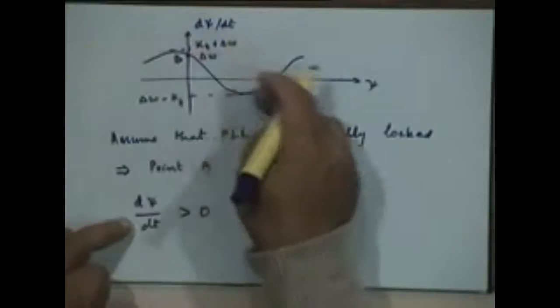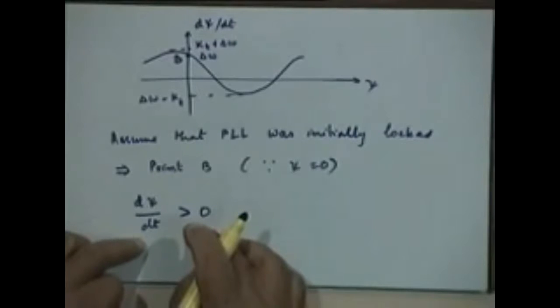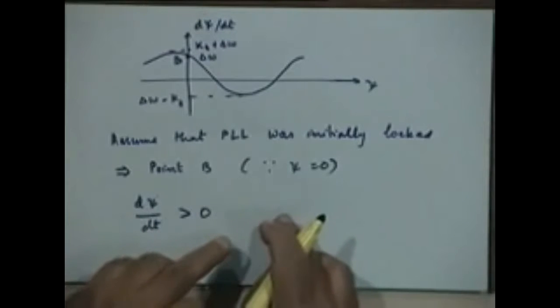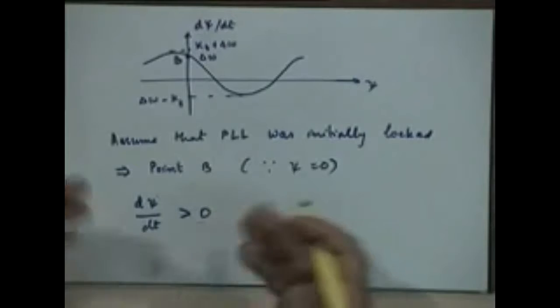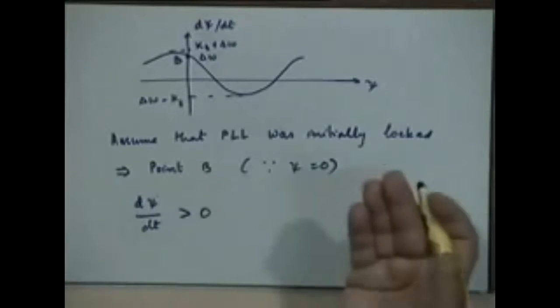So, if you are at a particular point on this phase plane plot where the derivative is positive, it implies that from this point onwards the phase error will increase as a function of time, right, because the derivative is positive. So, psi of t must increase as a function of time, slope is positive, right.